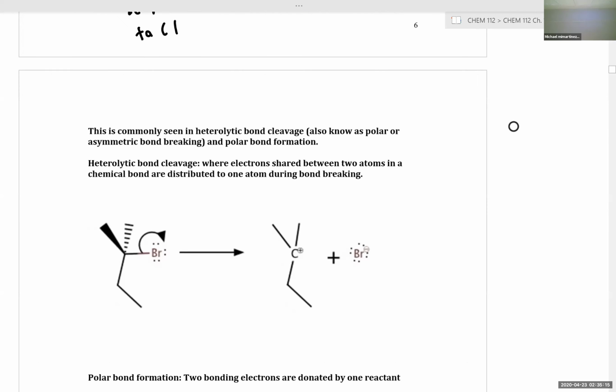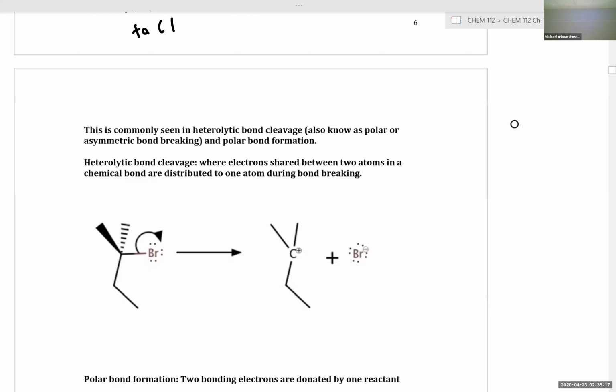Okay, so this kind of movement of electrons is commonly seen in heterolytic bond cleavage, also known as polar or asymmetrical bond breaking. So in heterolytic bond cleavage, the electrons shared between two atoms are distributed to one atom during bond breaking.